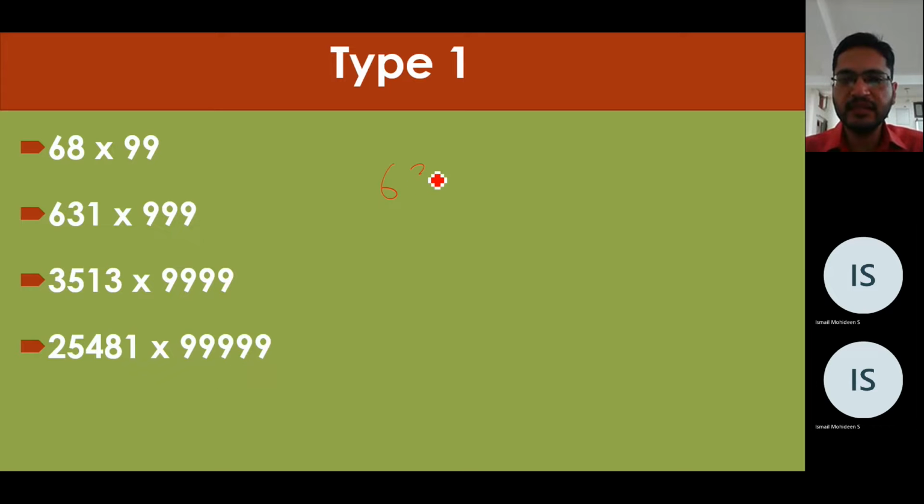Next example, 631 with 999. First of all, we will subtract 1 from this number. We will get 630. After that, I will write its complement, keeping in mind all from 9, last from 10.